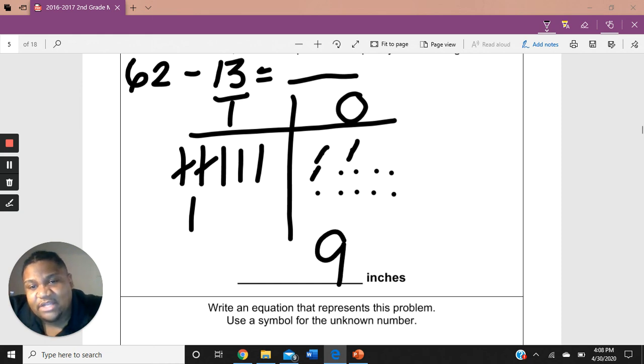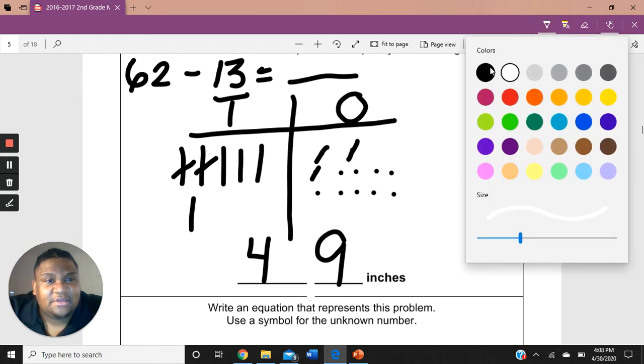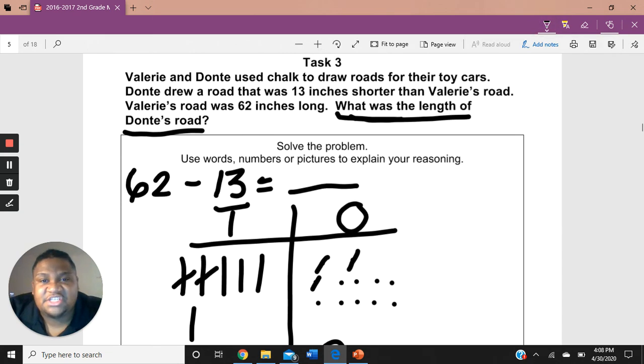And I have 1, 2, 3, 4 tens left. So let's go back to our question. Let me erase that for you so you won't get confused. It's 49 inches.